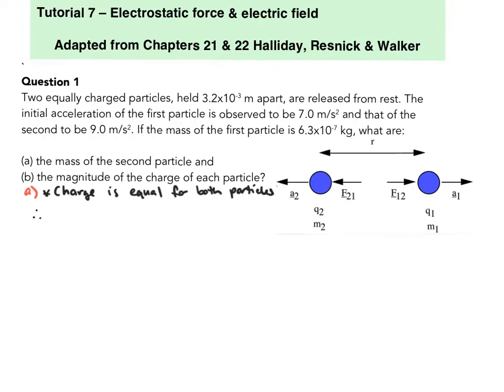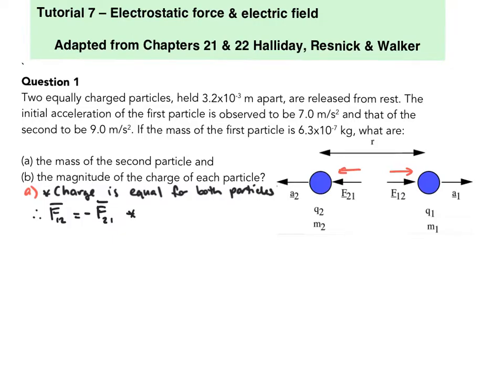Therefore, F12, the force of 2 on 1, is equal to negative force of 1 on 2. As in this figure, you can see that these are in the opposite directions to one another, like this.